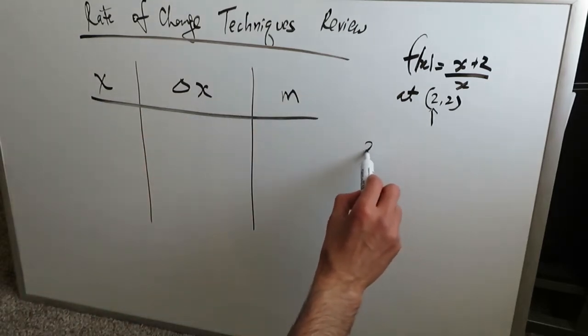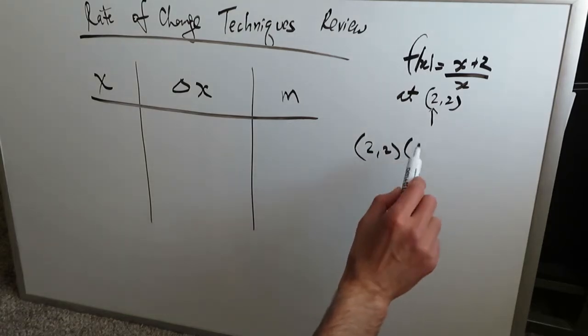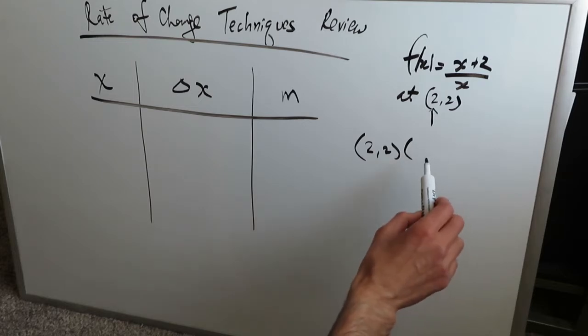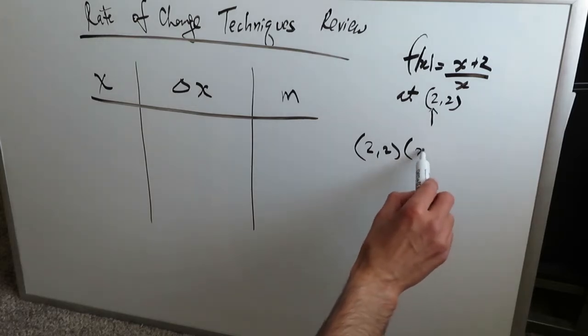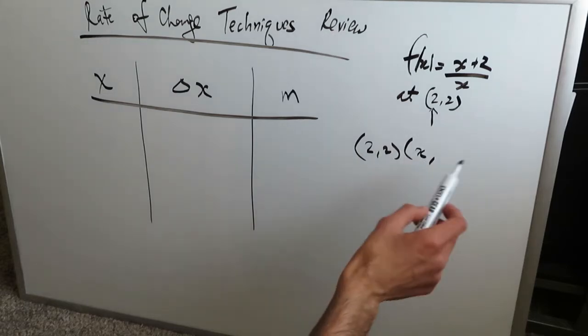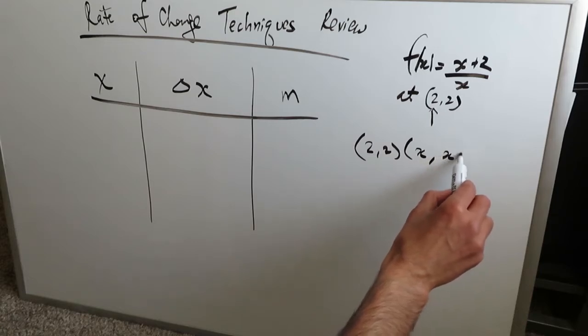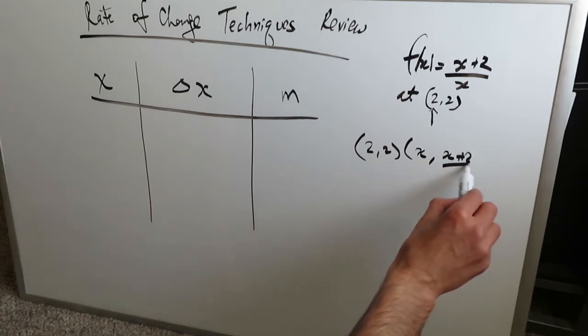If I have 2 coordinate pairs, 2, 2, the one which I'm given as my point of interest, and some point further away, that further away point could be x, comma, f of x, but that f of x is represented by x plus 2 over x.